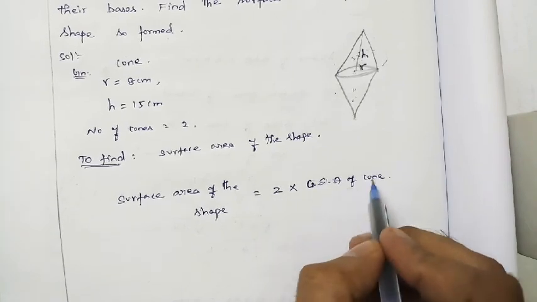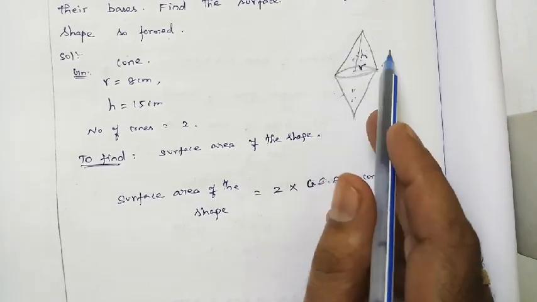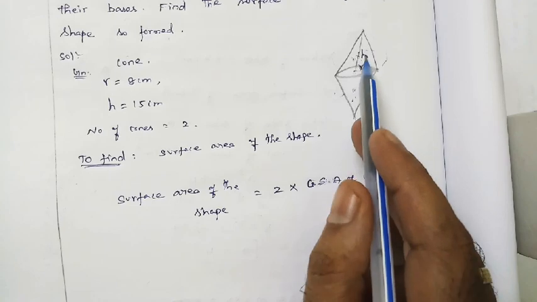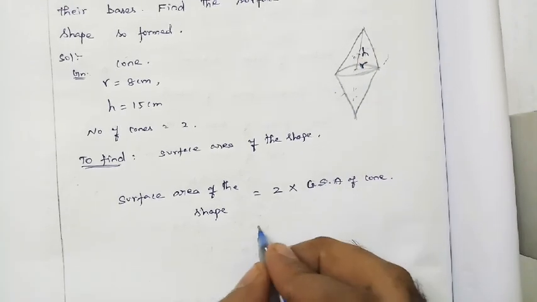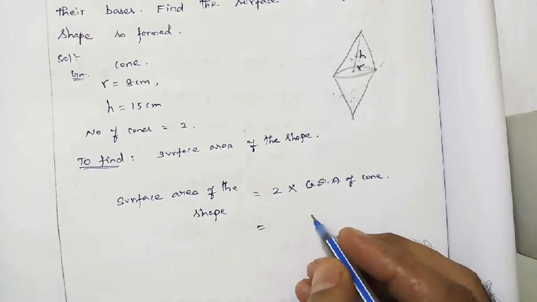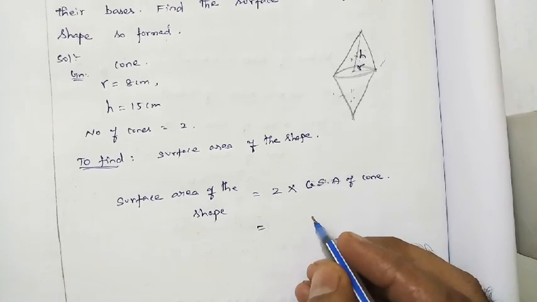CSA of first cone plus CSA of second cone, both are the same, same cone. That's why I'm just multiplying 2 times CSA of cone. So what is the formula of CSA of cone? Pi r h, right? Pi r h.